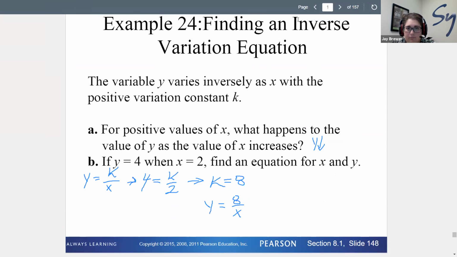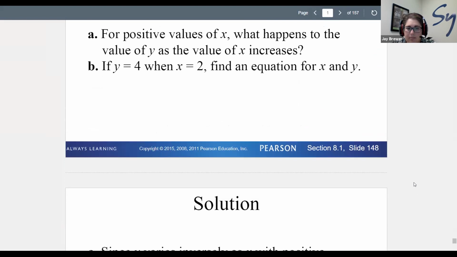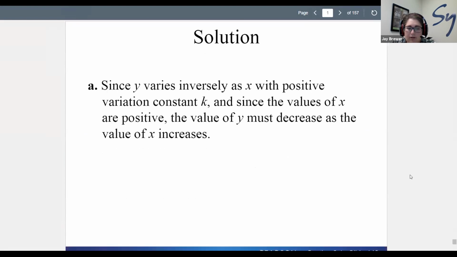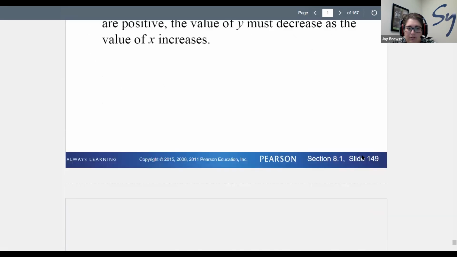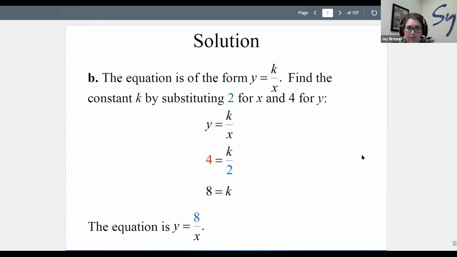All right, so there's your solution for A. We were right. y must decrease if x increases. Here's your solution for B. Again, we were right. y equals 8 over x.